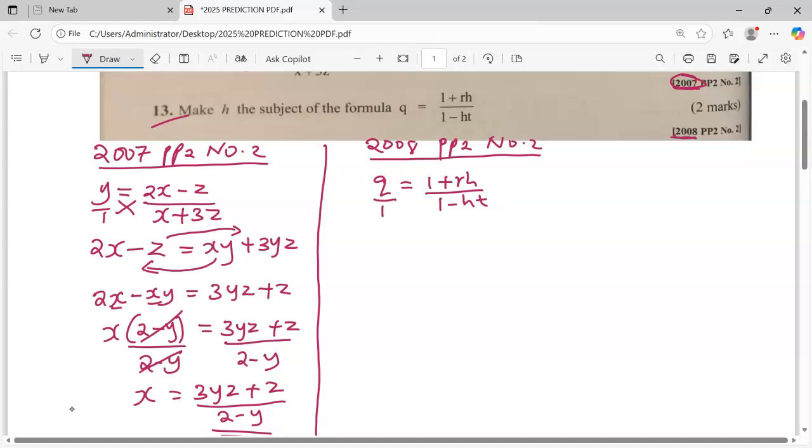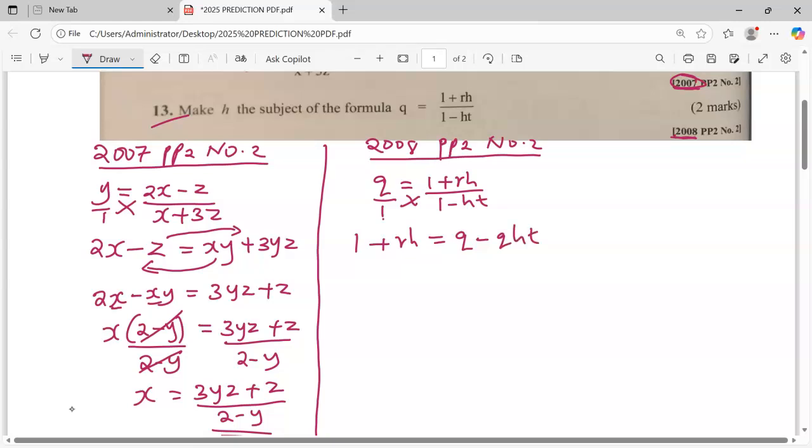You can rationalize q as a fraction, then you cross multiply, such that 1 times 1 will give us 1, plus 1 times rh, you get rh, and this one is going to give us q times 1, you get q, then q times minus ht, you get qht.